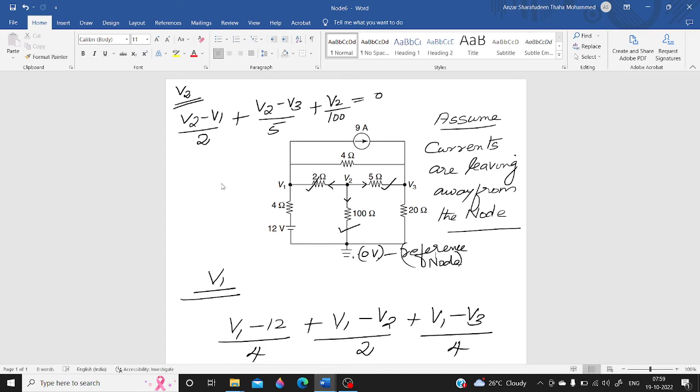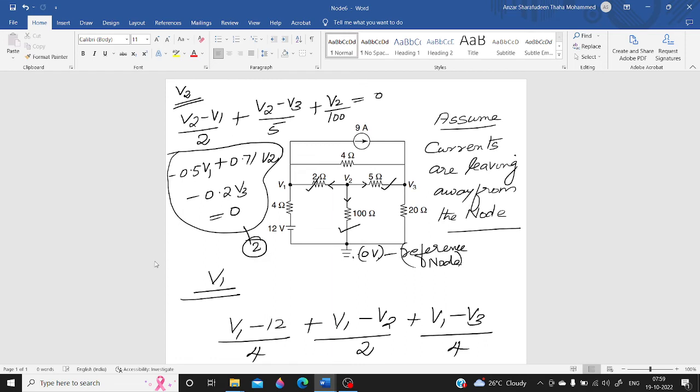Now if I rewrite this equation in terms of V1, V2 and V3, I will be getting an equation like this: minus 0.5 V1 plus 0.71 V2 minus 0.2 V3 is equal to 0. So this is the second equation.